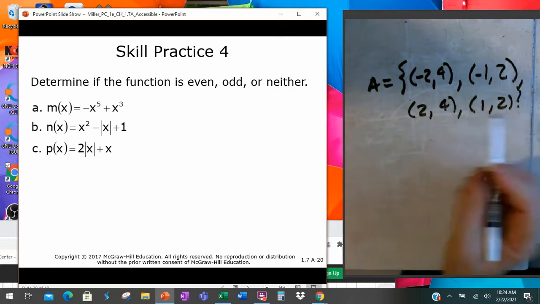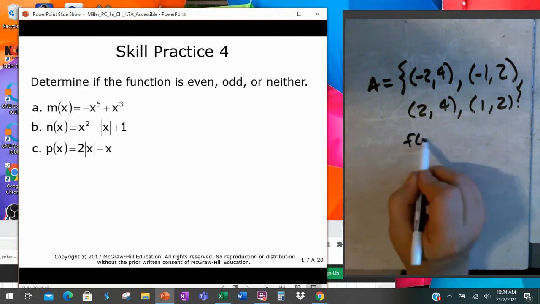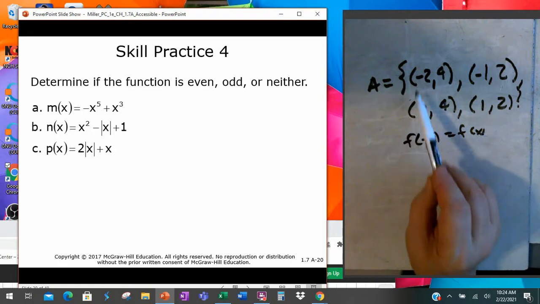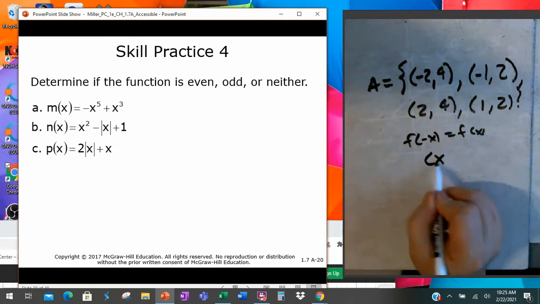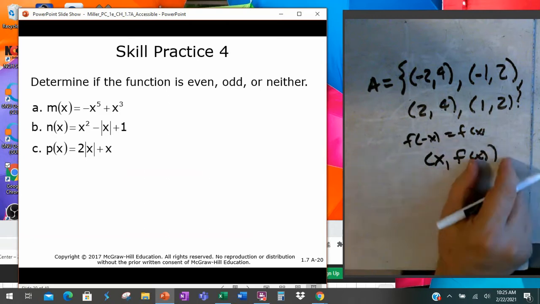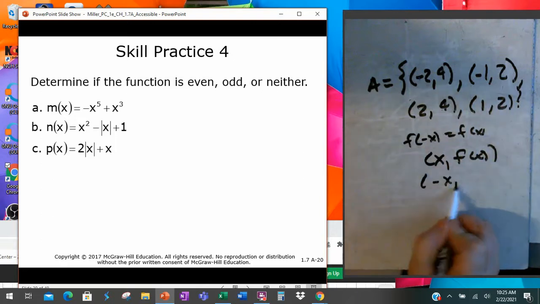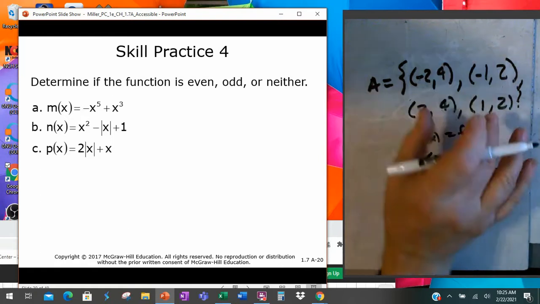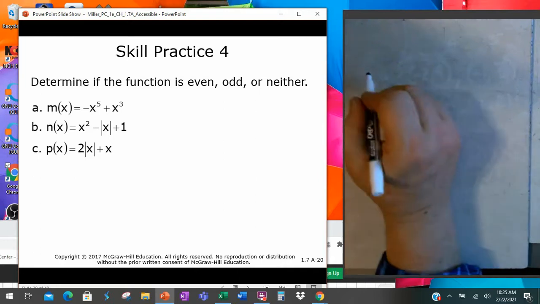This is f of -x being the same thing as f of x. For the negative versions, I've got the same y. Remember, an ordered pair looks like that in terms of function land. This is the x value, the outside is the y value. So that would be even. Anytime I have something like that. So let's go through though and do from the rule.